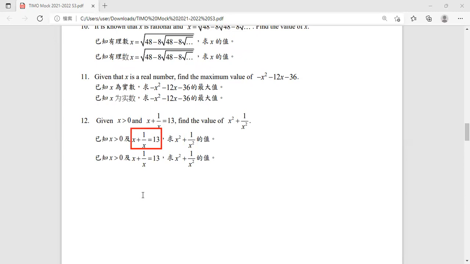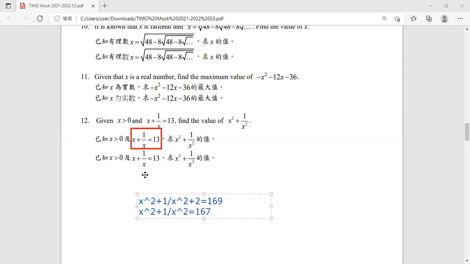Square both sides, you will get x squared plus 1 over x squared plus 2 equal to 169. And they almost finish, reaching 167. Too easy for you.